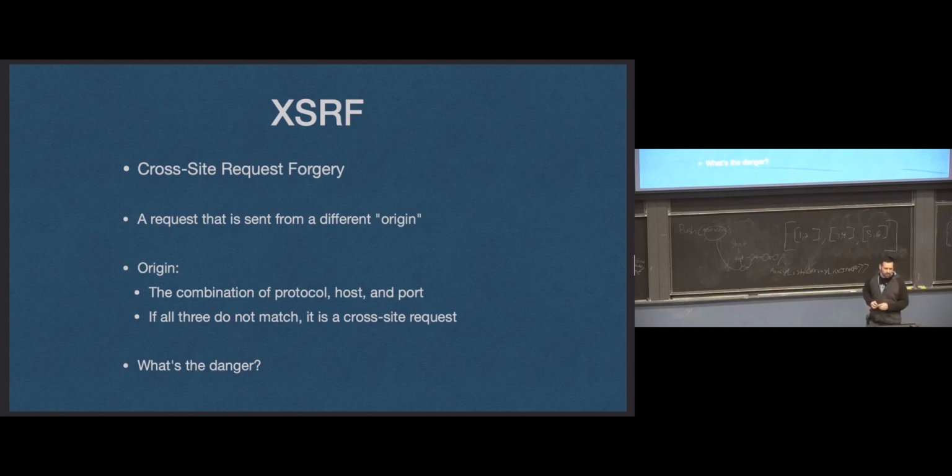So this is whenever we have a request that's sent from a different origin than the server that we're sending the request to. An origin is a protocol, host, port combination. So if it's being sent to localhost 8080 on HTTP and it's coming from HTTPS cse312.com on port 443, that's going to be a cross-origin.